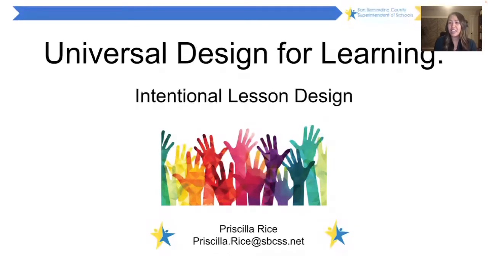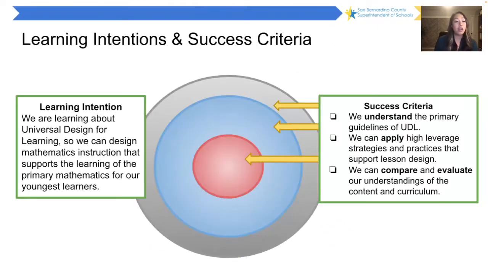Okay, so to go ahead and start off, our learning intentions and success criteria. What we're going to do during this presentation is learn about the universal design for learning so that we can design mathematics instruction that supports the learning of the primary mathematics for our youngest learners.